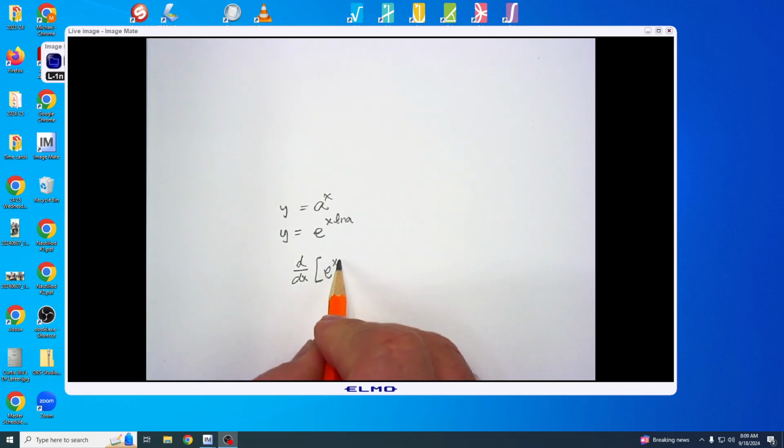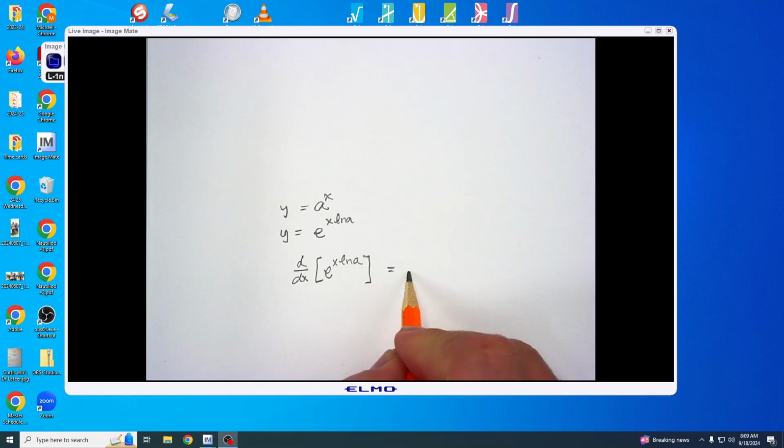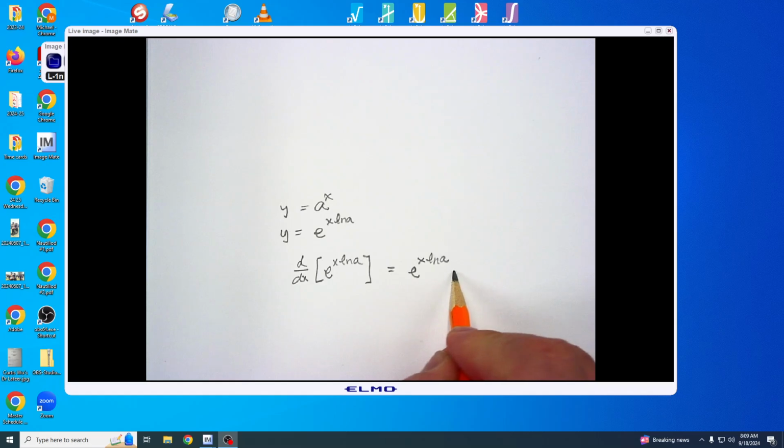And we saw that we were using our rule for the e to the x, which is itself, e to the x natural log of a, times the derivative of the inside piece, which is x ln of a. And since it is linear and the natural log of a is a constant, we know the derivative had to be the natural log of a.